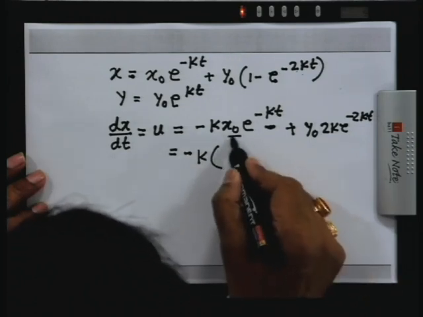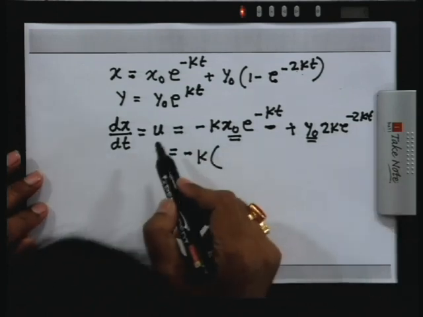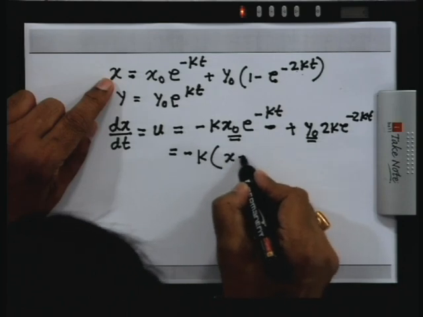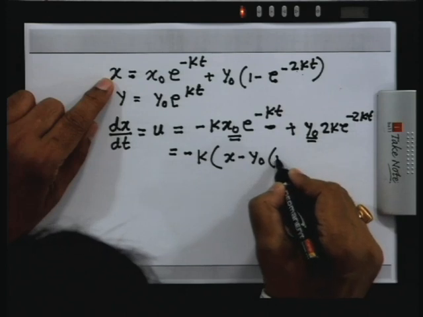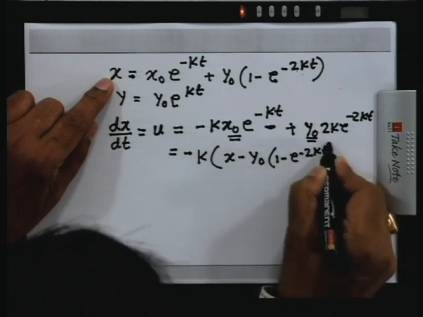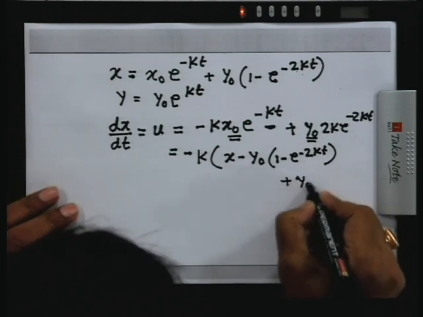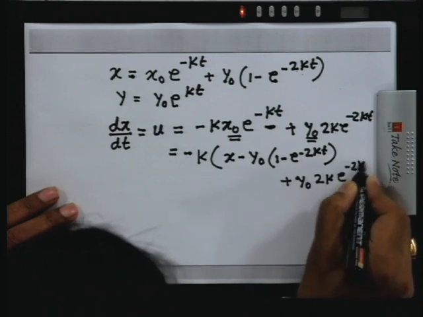Now, no fluid mechanics, x0 and y0 have to be eliminated. How to eliminate this? x0 e to the power minus kt we write as x minus y0 into 1 minus e to the power minus 2kt, follow, plus as usual y0 2k e to the power minus 2kt.